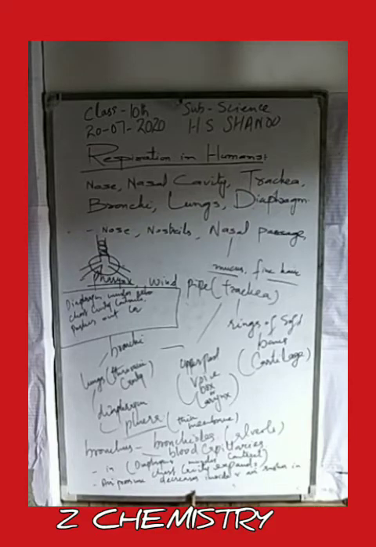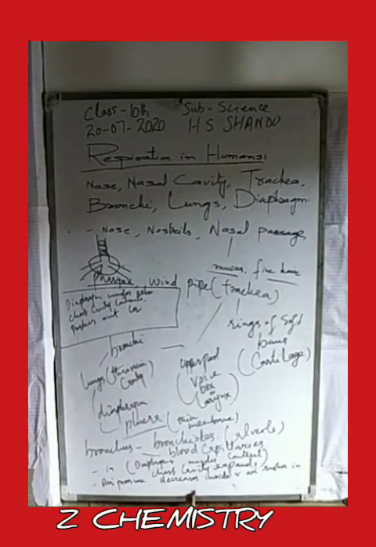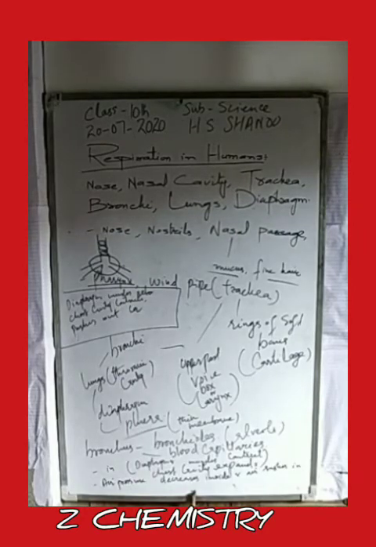And what happens when we breathe out? During breathing out, the reverse occurs. The diaphragm and the muscles around it relax, due to which the chest cavity contracts. Air pressure increases inside, and the air, or carbon dioxide, is pushed out.